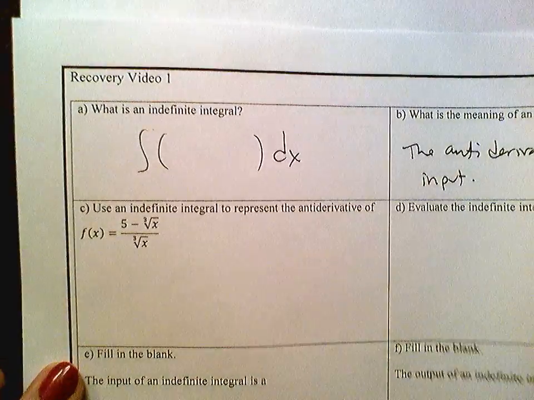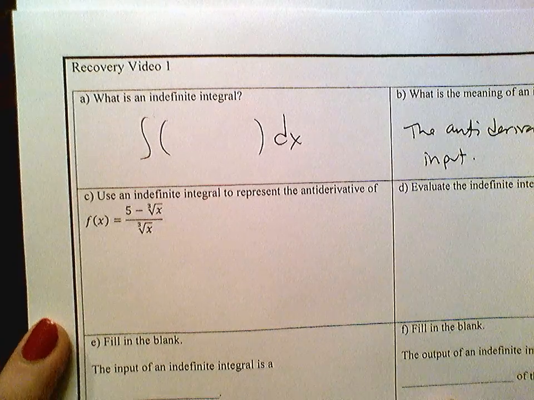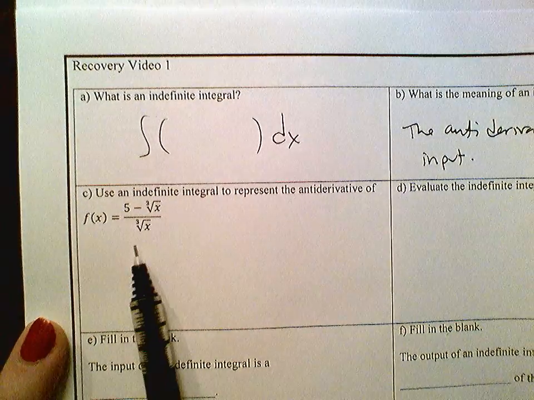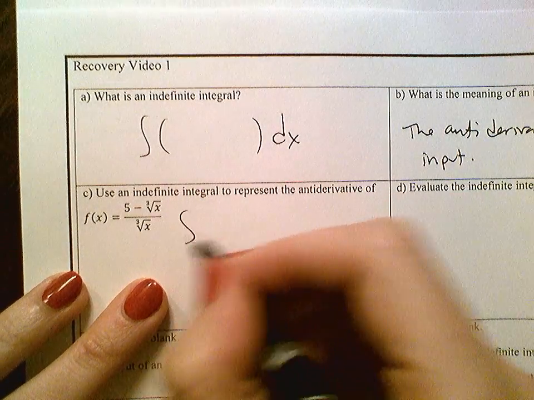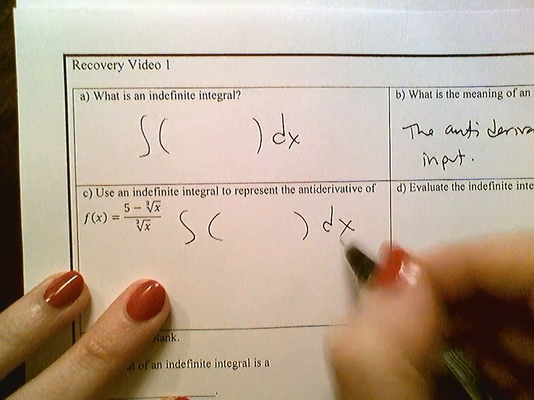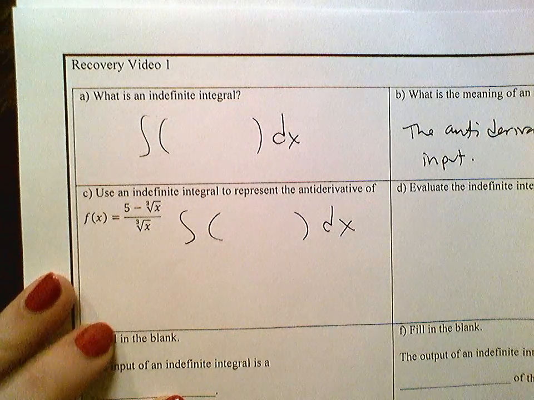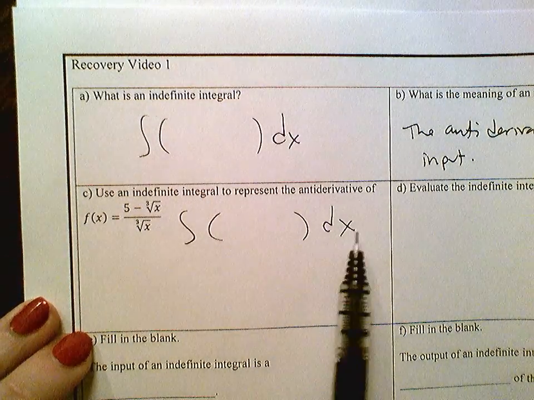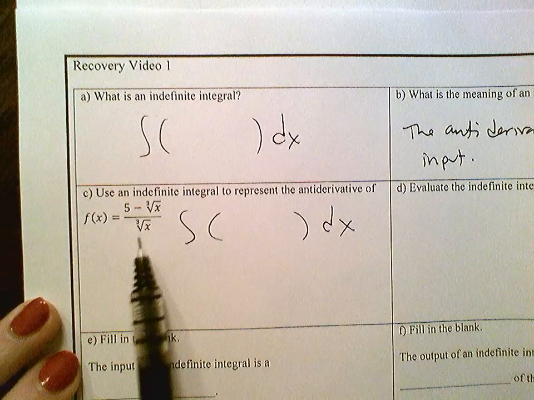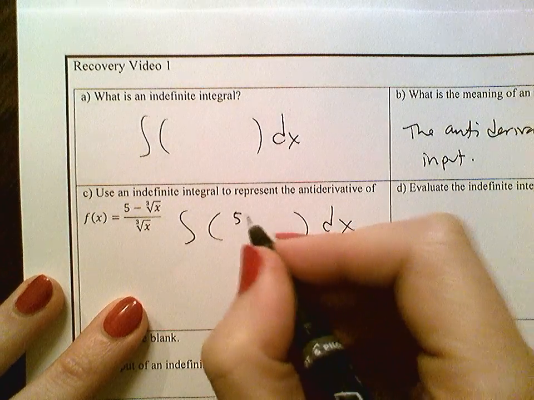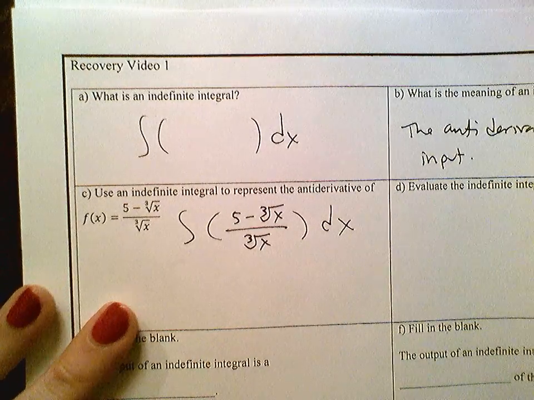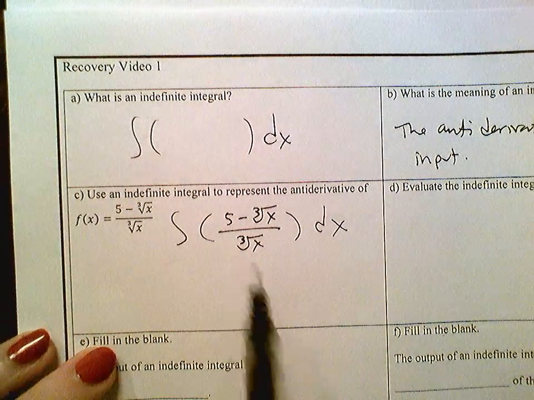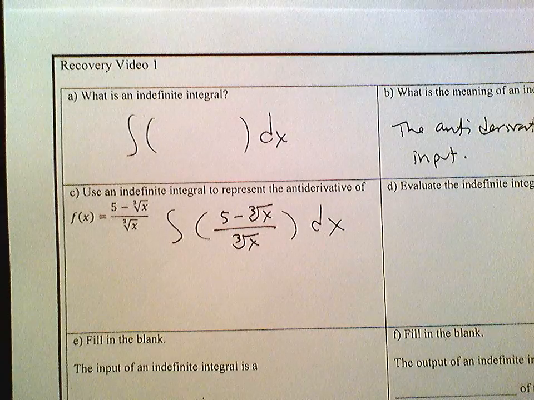So use an indefinite integral to represent the antiderivative of this. We would use this notation, and this means the antiderivative of whatever's inside of it. If I put this inside, 5 minus the cubed root of x all over the cubed root of x, this represents the antiderivative of what's inside of it.